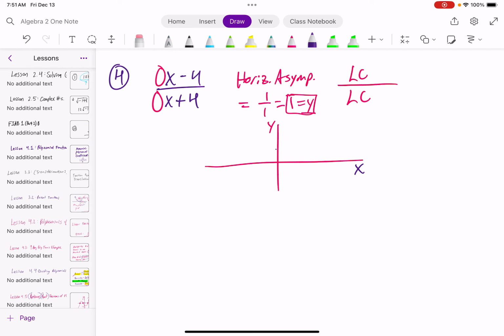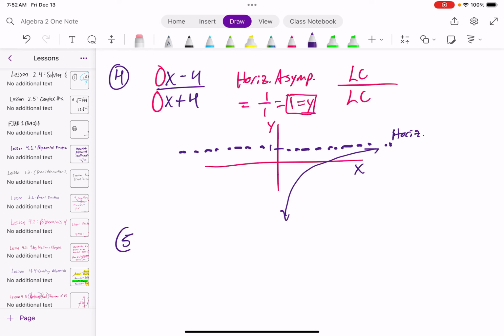So y is 1 is here. That's a height of 1, and the height of 1 continues. All of these are examples of heights of 1. This is your asymptote. This is something that the graph can't achieve. So an example, I'm not sure if this is accurate, but that could be an instance of a horizontal asymptote, just like that. It approaches it, but it never gets to it.